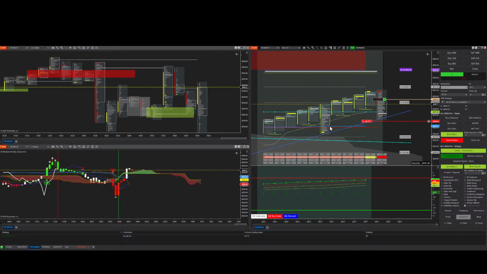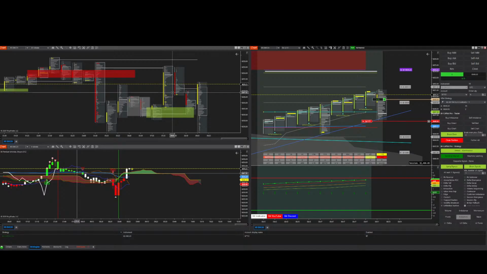So the next place we're expecting it to come into resistance is right here at this high volume node. And if that takes us out, we'd be like 175.